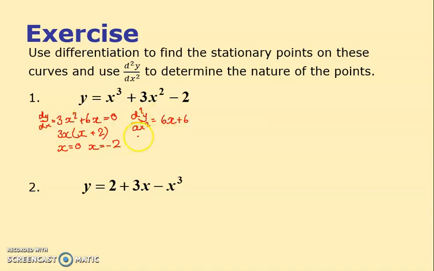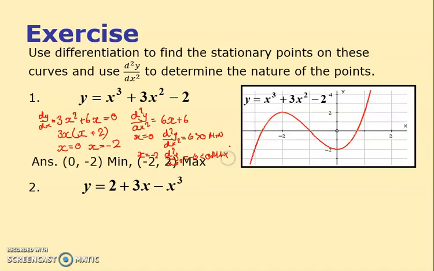If I put 0 in there, so x equals 0, I get d2y by dx squared is 6. That is greater than 0, and therefore it's a minimum. And when x equals minus 2, d2y by dx squared, put it into that, I think is minus 6, which is less than 0, and therefore a maximum.